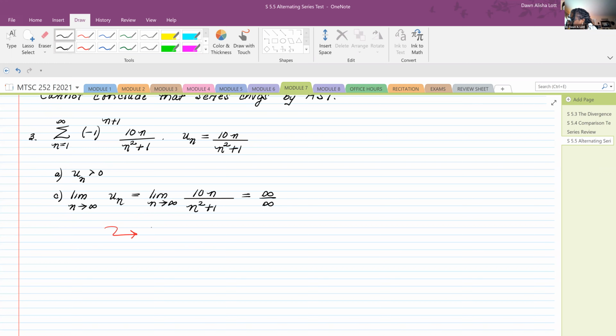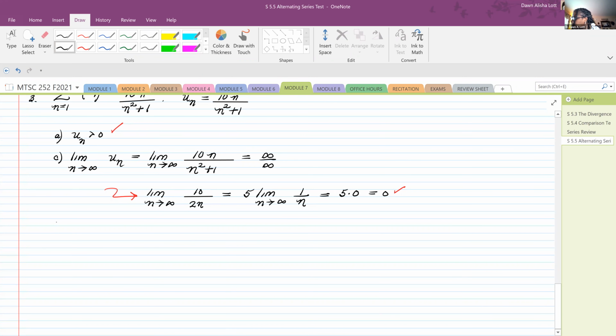We get the limit as n approaches infinity of 10 over 2n. That's just 5 times the limit as n approaches infinity of 1 over n, and I know that limit is 0. So the first one checks, and the last one checks. Now let's go back and do B.